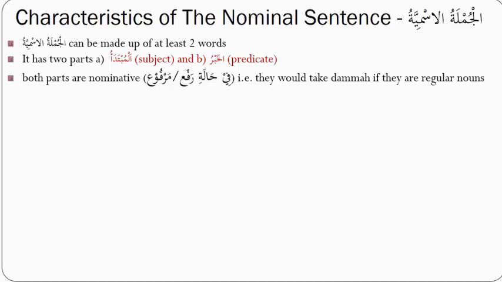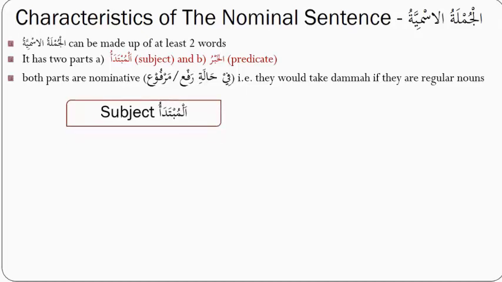That is, they would take dhamma if they are regular nouns that do not have any difference on the ending, inshallah. The dhamma is a representation of the dhamma or tanween dhamma, right? They have the tanween dhamma or the dhamma. That is a representation that the word is a noun. It's nominative. It is marfu'.